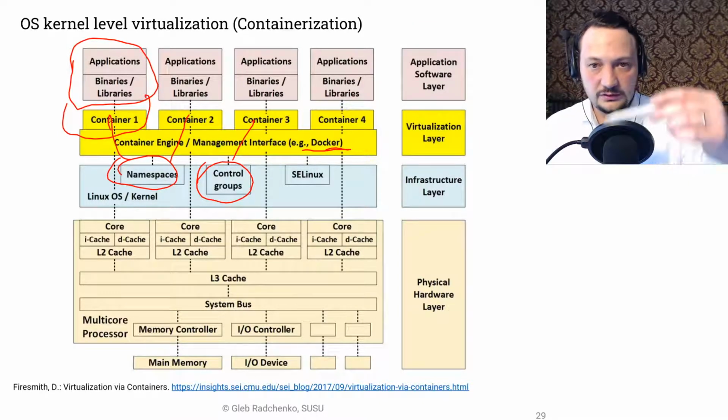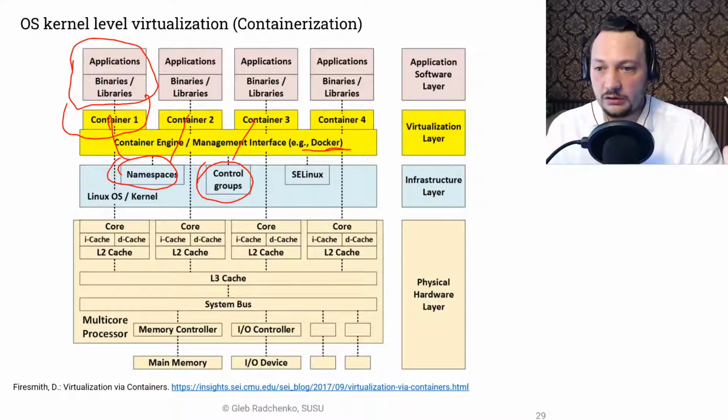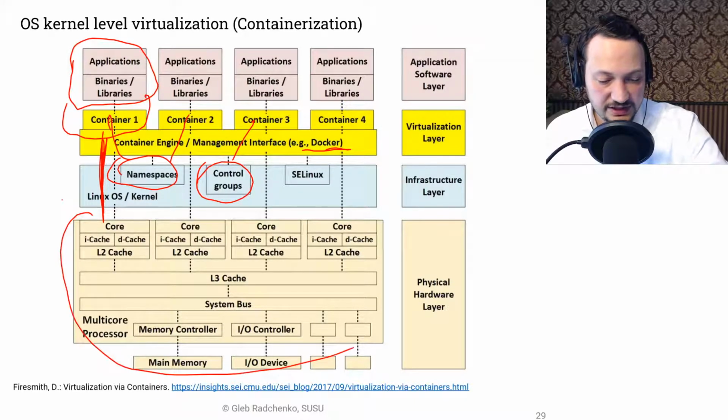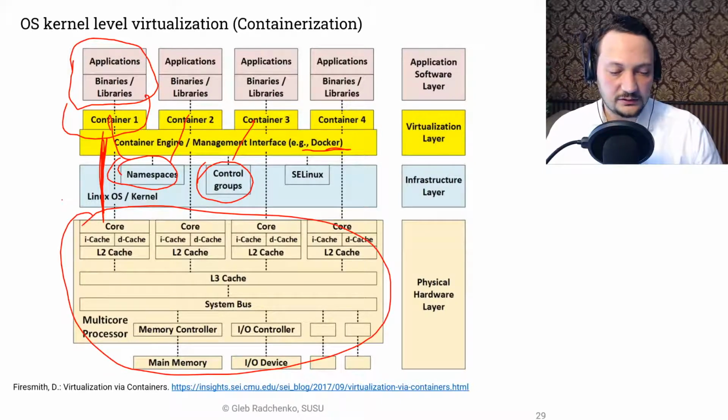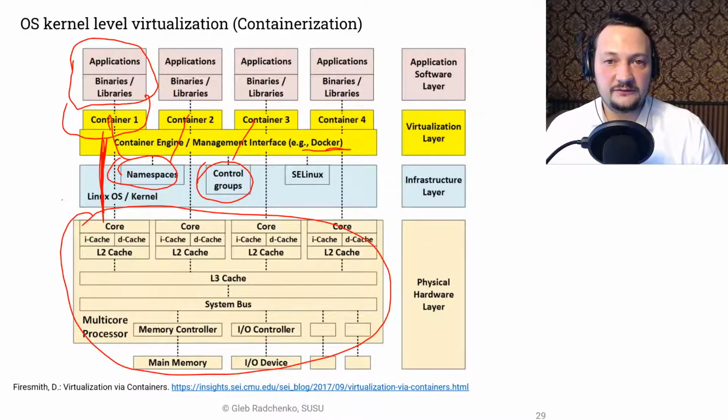After we manage these processes and containers, all of these containers are working through the Linux operating system with a basic physical hardware layer. So they share the same operating system kernel, they share the same physical hardware layer, but they think that they have limited resources available only for them.